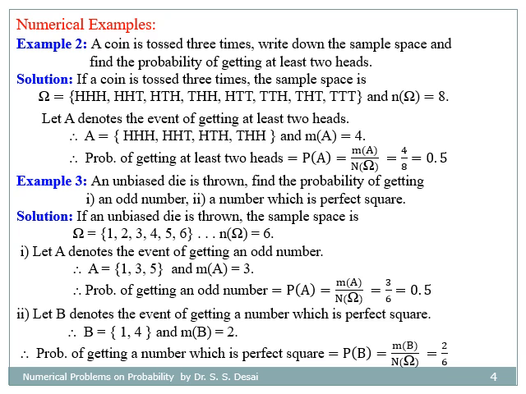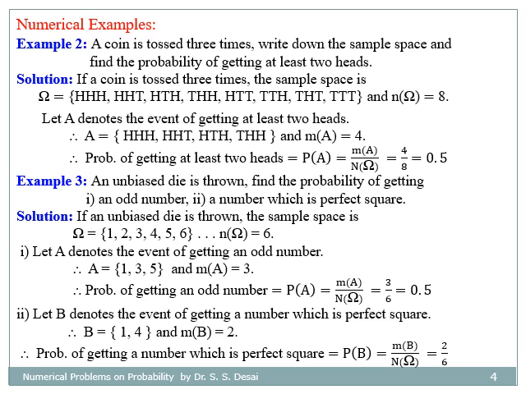We may have number 1 or 2 or 3 up to number 6, and therefore the number of possible cases here is 6. For the first part, let A denote the event of getting an odd number. In these 6 numbers, 1, 3 and 5 are odd numbers, and therefore the number of favorable cases for A equals 3, and the probability of getting an odd number is 3 by 6, equal to 0.5.